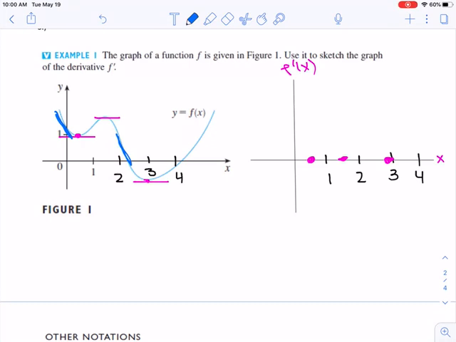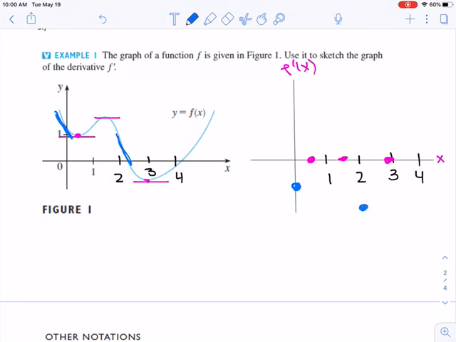It's a lot less steep when my x is 0 versus when my x is 2. So when my x is 0, maybe I can call that a slope of negative 1, versus when my x is 2, I can call that a slope of negative 2. So maybe here I'm at negative 1, and here at an x coordinate of 2, I'm at negative 2.